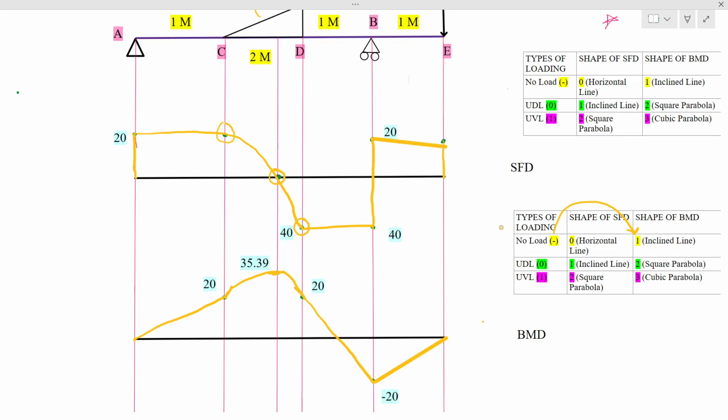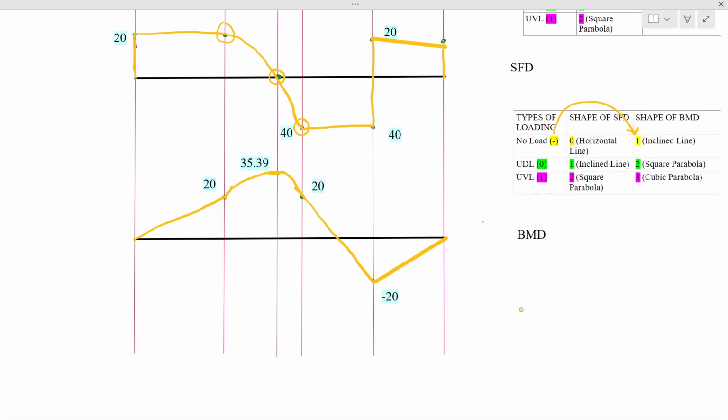So you just need to remember, whenever there is no load, the shear force shape will be a 0 degree line and BMD will be a 1 degree line. For UDL, that means a 0 degree line, the shape of SFD will be a 1 degree line and the shape of BMD will be a 2 degree line.